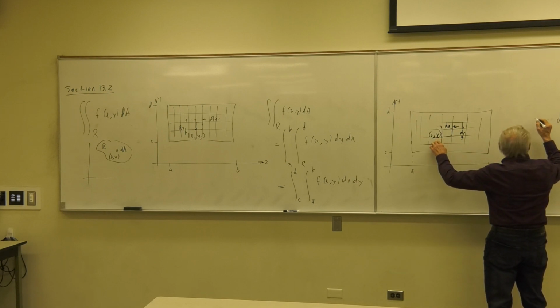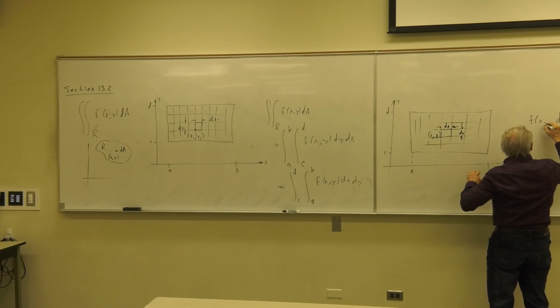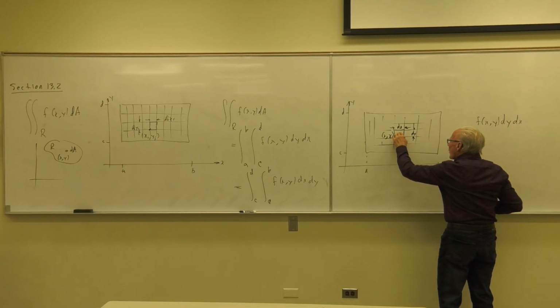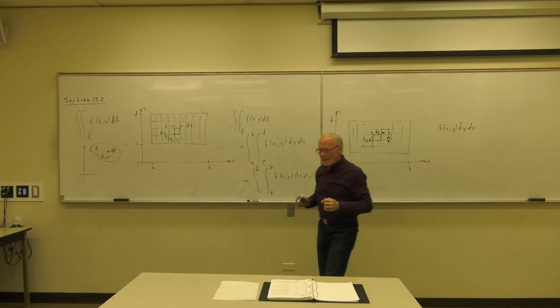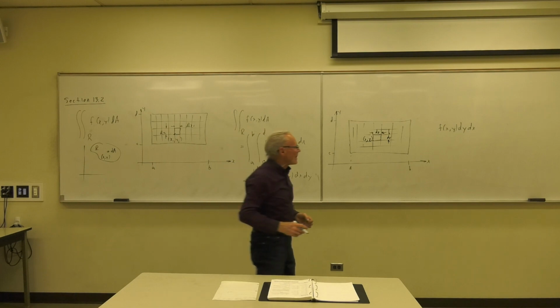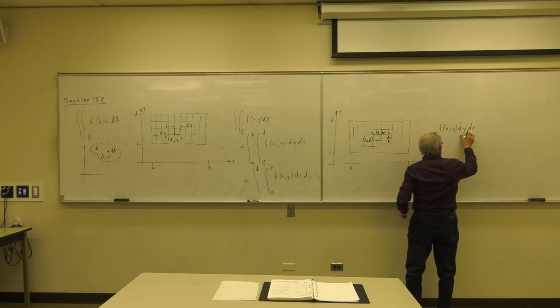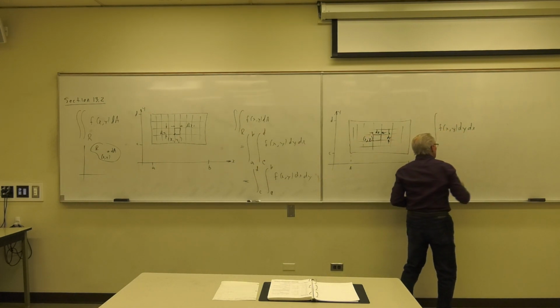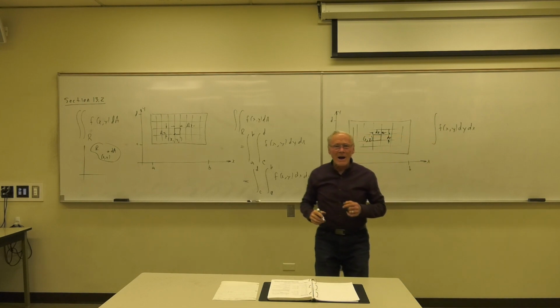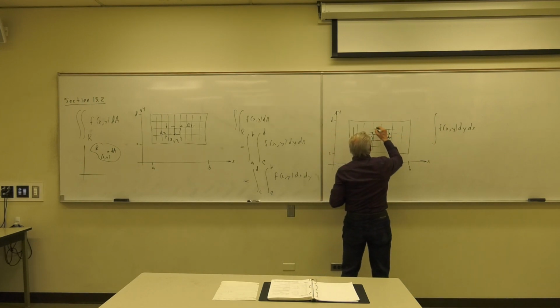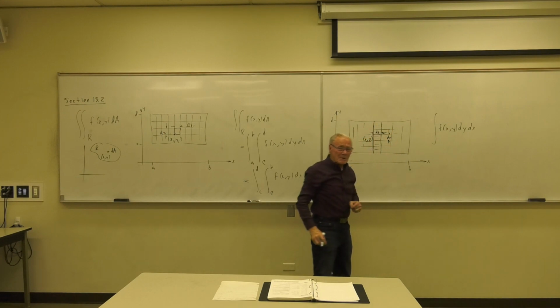I go and evaluate my function at x y. That's where this little rectangle is. And now I start to add. Since dy is first, that means I'm going to be integrating in the y direction. I visualize that as integrating over all of the little tiny rectangles that stand inside this vertical strip.